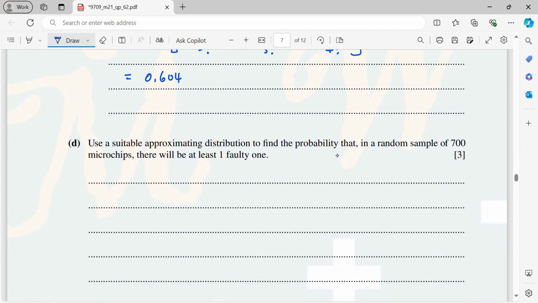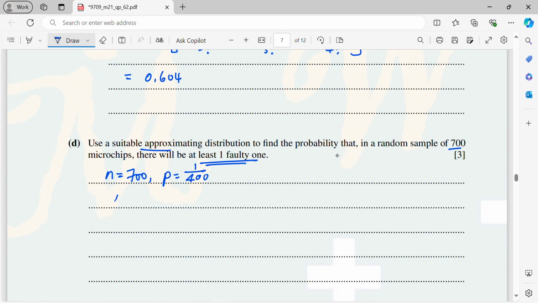Now part D, use a suitable approximating distribution to find the probability that in a random sample of 700 microchips, there will be at least 1 defective. So now your n becomes 700. The p remains as 1 over 400.